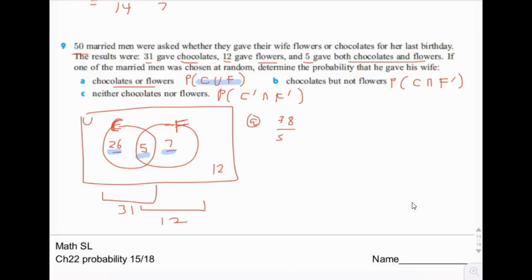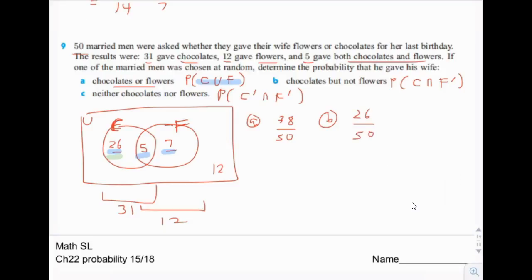Okay? What about B? Probability of chocolate but not flowers. Chocolate but not flowers. Not flowers would be outside of the flower circle. So that's just the 26 people and that's it, right?